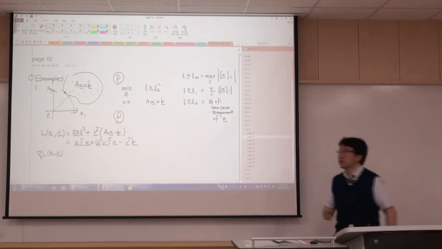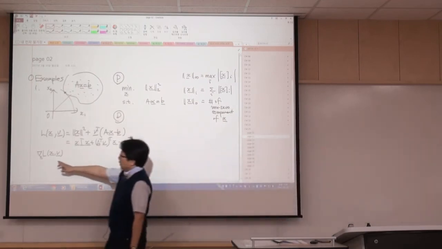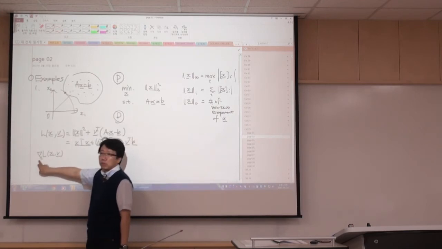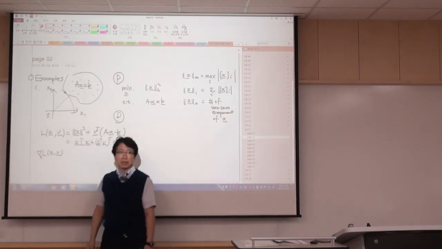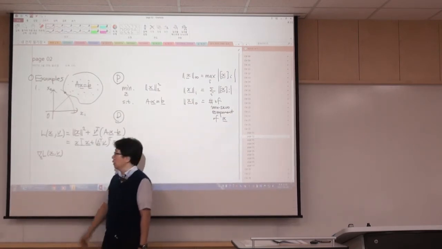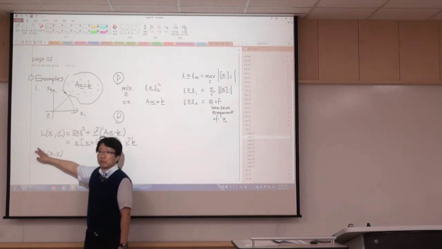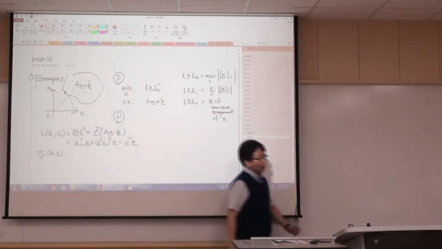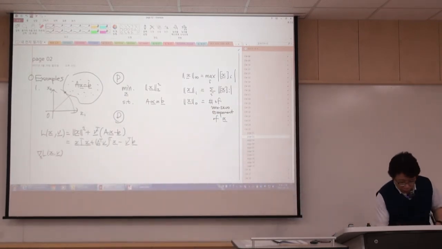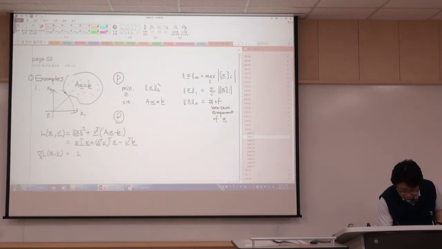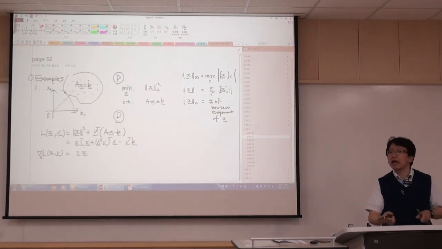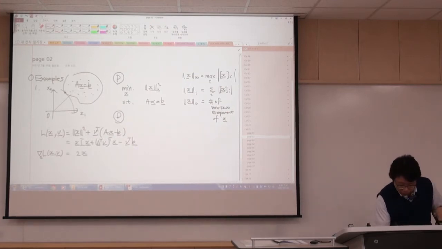Sometimes some books put a subscript at the right below of this grad sign. So this is the partial derivative with respect to x. Then you know that this is 2x, actually 2Ix, plus A transpose nu.